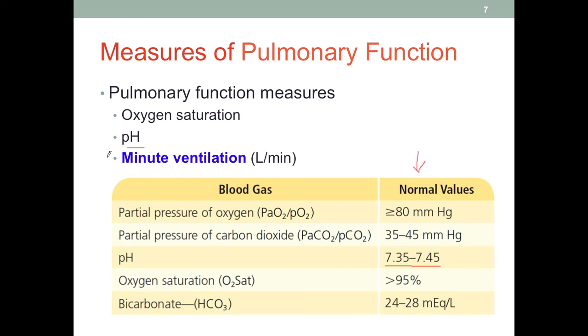And also one thing I want to mention here is minute ventilation. And this is given in liters per minute. And this is very important for patients on mechanical ventilation. So we'll be looking for this number in the chart, and we use it in the Penn State calculations when we're estimating energy requirements for these patients.